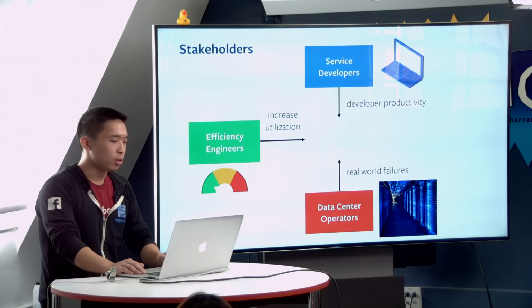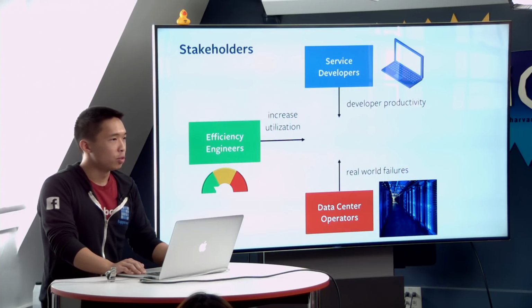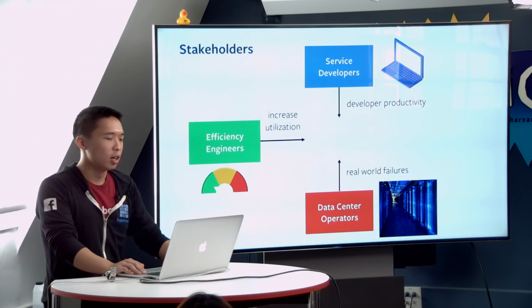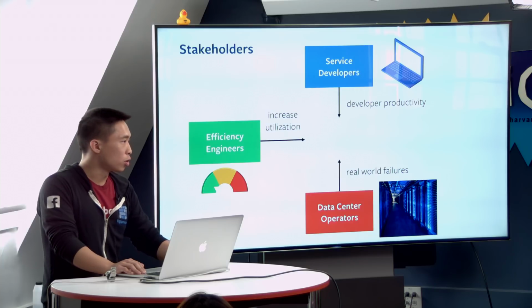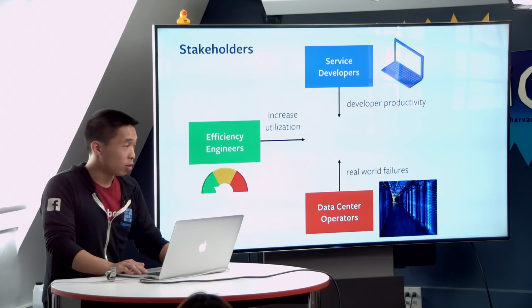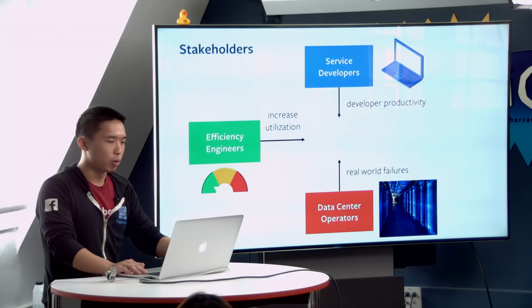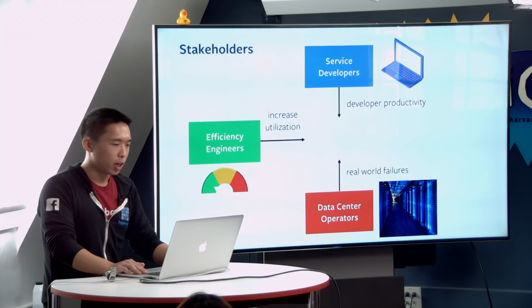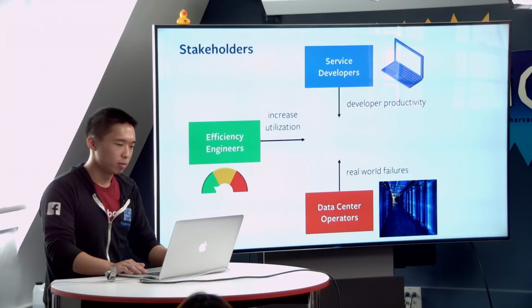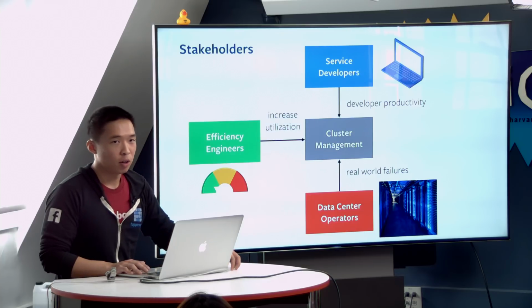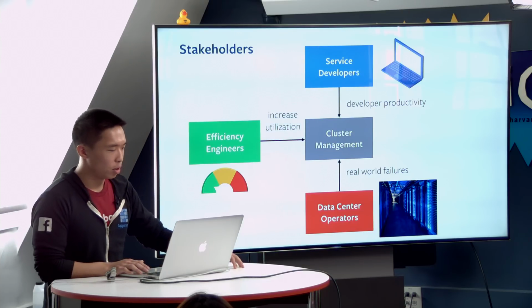And our third stakeholder is efficiency engineers. They want to make sure we're actually using the resources we have as efficiently as possible, because data centers are expensive, and we want to make sure that we're getting the most bang for our buck. And the intersection of all these stakeholders is cluster management.